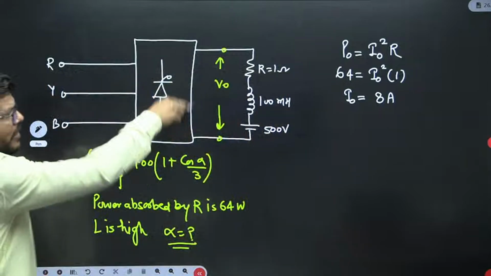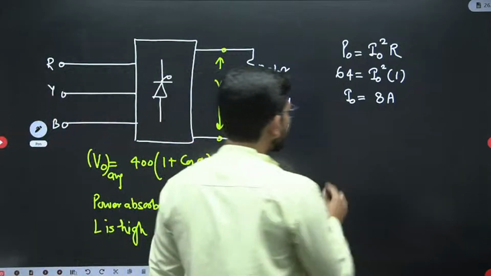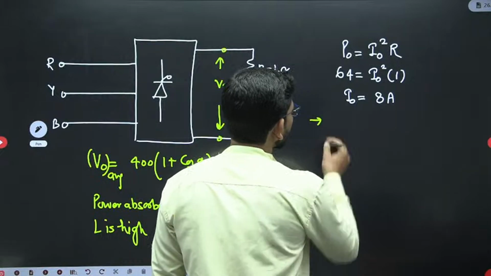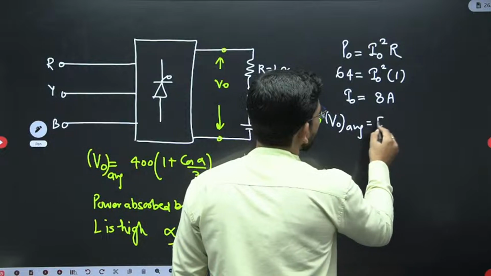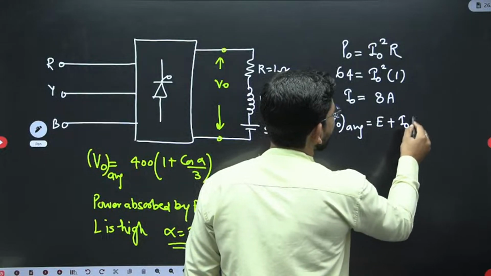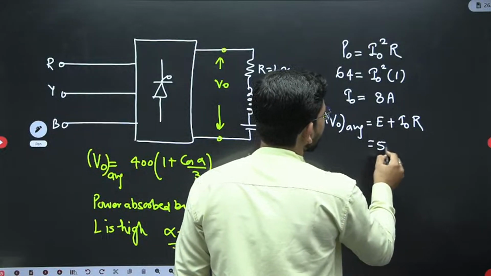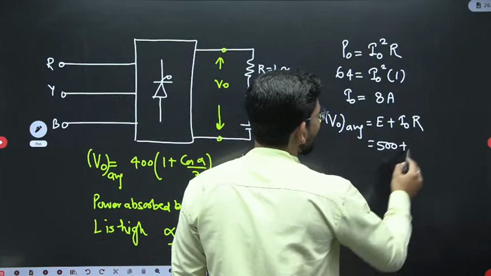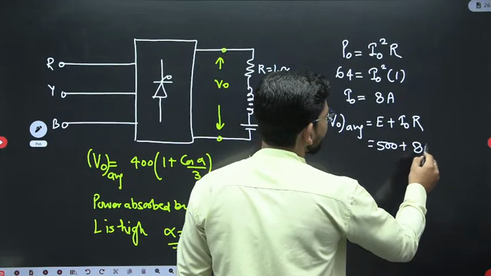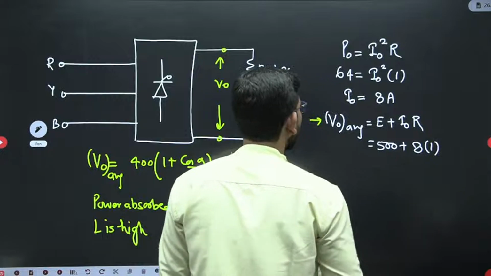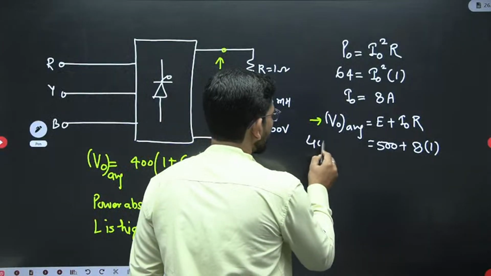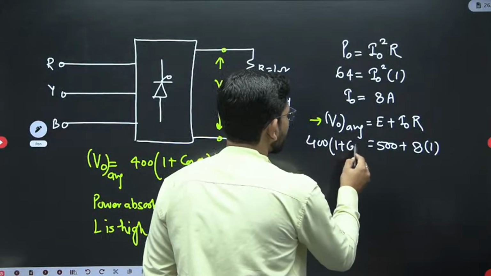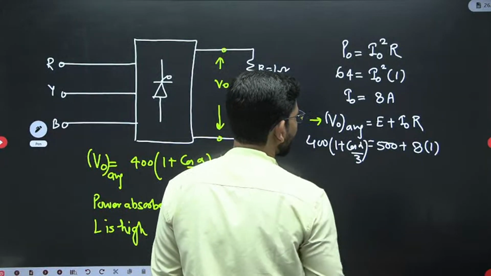Now when you apply the load side KVL, the average inductor voltage will be 0. So the load side KVL is V naught average equals E plus I naught average into R. E is 500, I naught you have calculated as 8, resistance is 1, and V naught average they have given as 400(1 + cos alpha)/3.